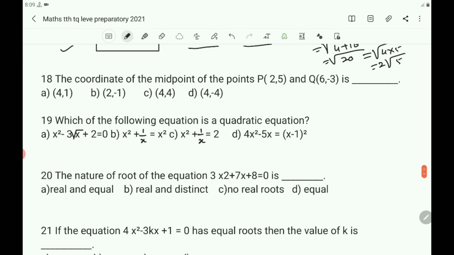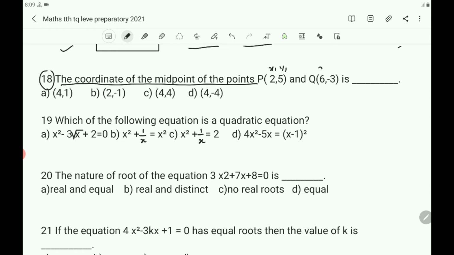Next, let us take question number 18. The coordinate of the midpoint of the points P(2, 5), Q(6, -3) is. Here we have to use the midpoint formula. If you consider these two are (x1, y1) and (x2, y2), then the midpoint formula is (x1 plus x2) by 2, (y1 plus y2) by 2, or (x2 plus x1) by 2, (y2 plus y1) by 2.